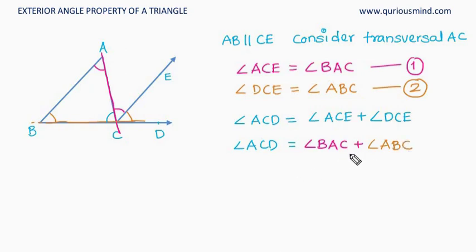And these two are interior angles while this is the exterior angle. And hence we can see that the measure of the exterior angle is equal to the sum of the remote interior angles. And so we have mathematically proved that the measure of the exterior angle of a triangle is equal to the sum of its remote interior angles.